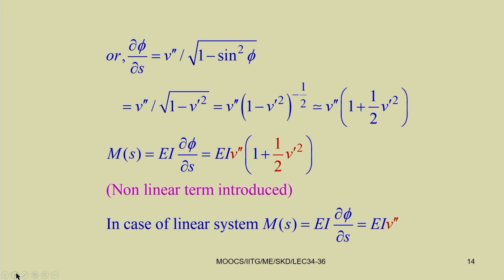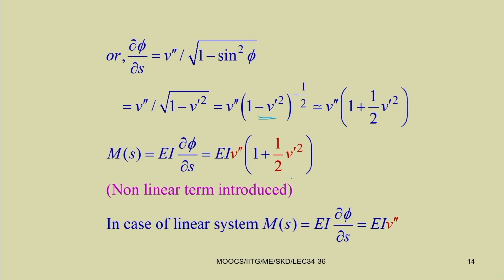Now, it can be further written as v double dash into 1 minus v dash square to the power minus half, and by expanding it binomially, this is nearly equal to v double dash into 1 plus half v dash square. So, M s equals E I del phi by del s equals E I v double dash into 1 plus half v dash square.